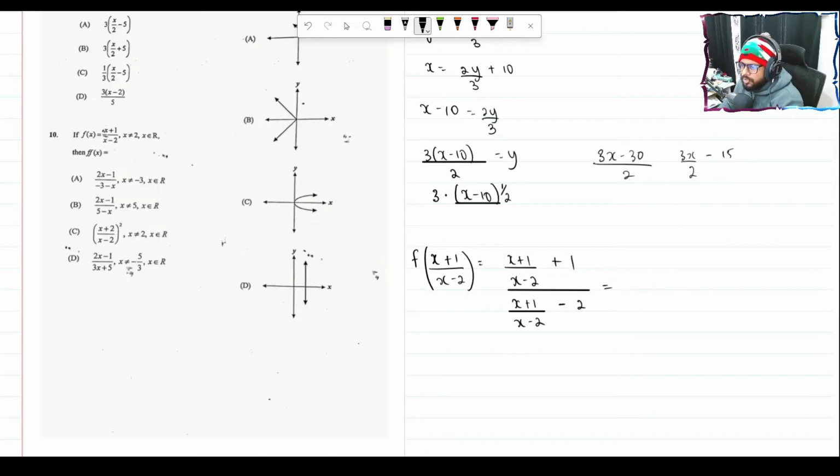You are supposed to do the shortcut to finding the LCM. This is going to be x plus 1 plus 1 into x minus 2, which is x minus 2, all over x minus 2, divided by x plus 1, take away, I expanded it out one time, right?